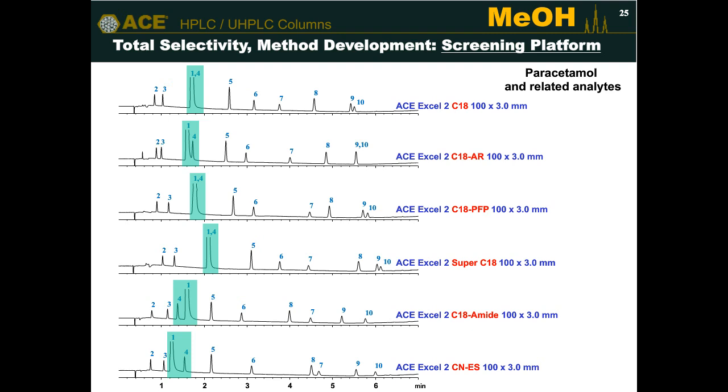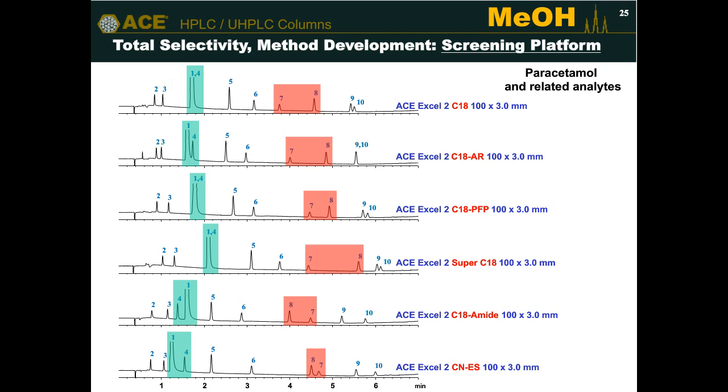Now, if we look at peak pairs 7 and 8, we can see they're quite well separated. As we start at the top, the C18, 7 and 8 are very well separated, big selectivity value between the two. AR and PFP, very well separated, all good. And even with the super C18, very well separated.